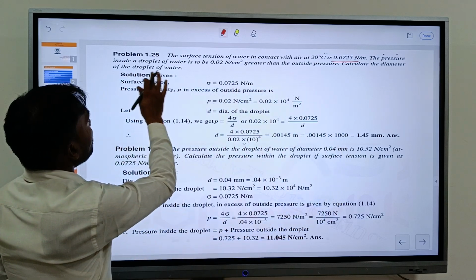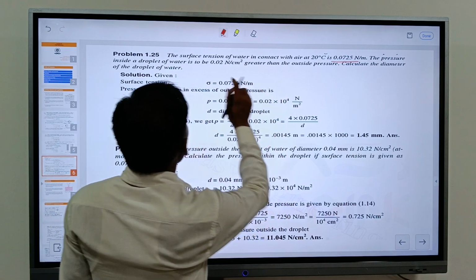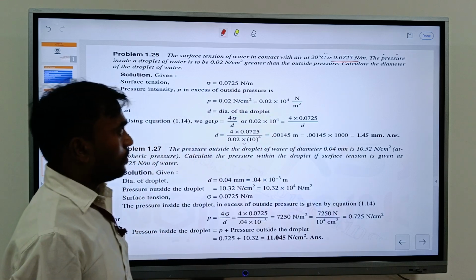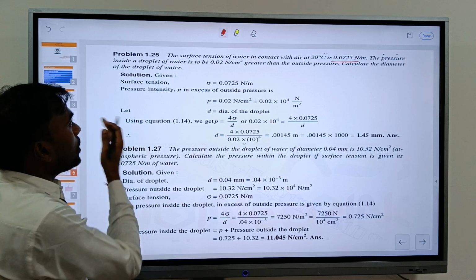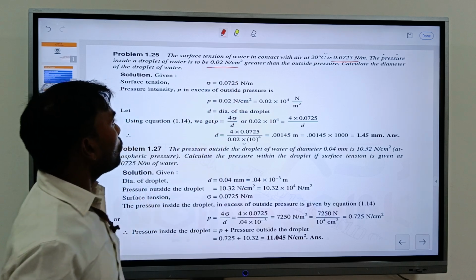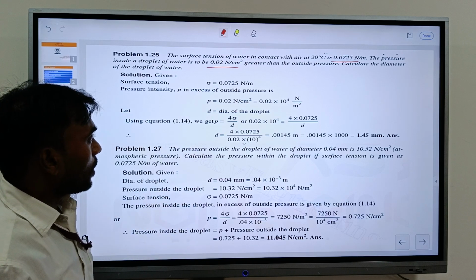Calculate the diameter of the droplet of water. So in this problem, the value of surface tension at 20 degrees Celsius is given, and the pressure inside a droplet of water is also given, that is 0.02 Newton per centimeter square.